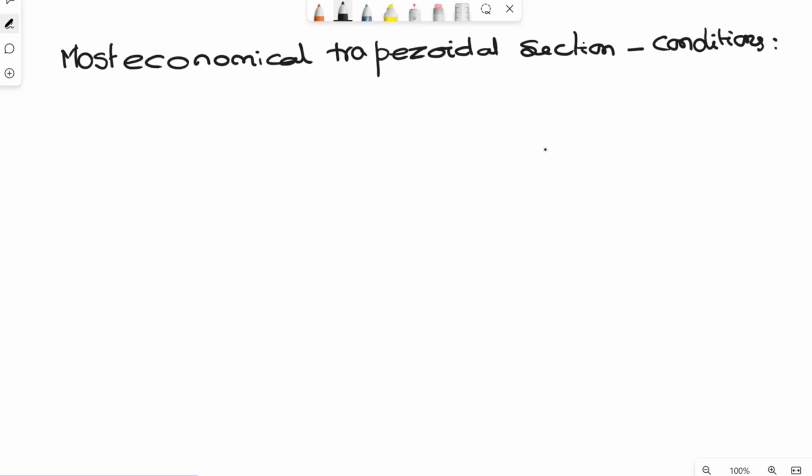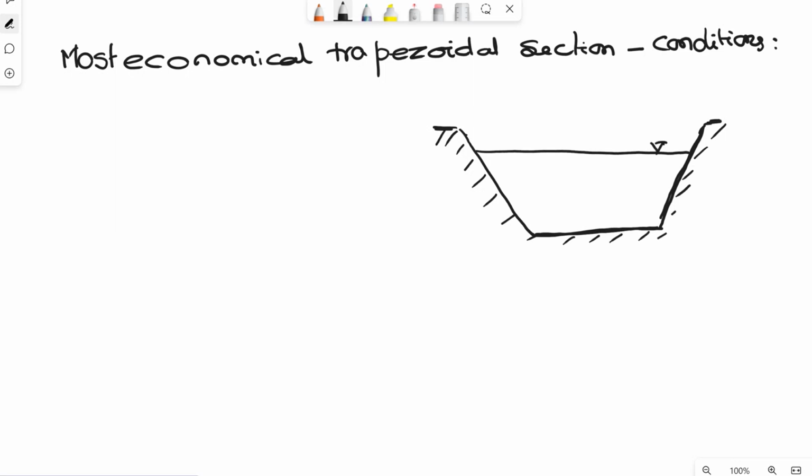So let us take straight away a trapezoidal section. This is a trapezoidal section. Water surface.